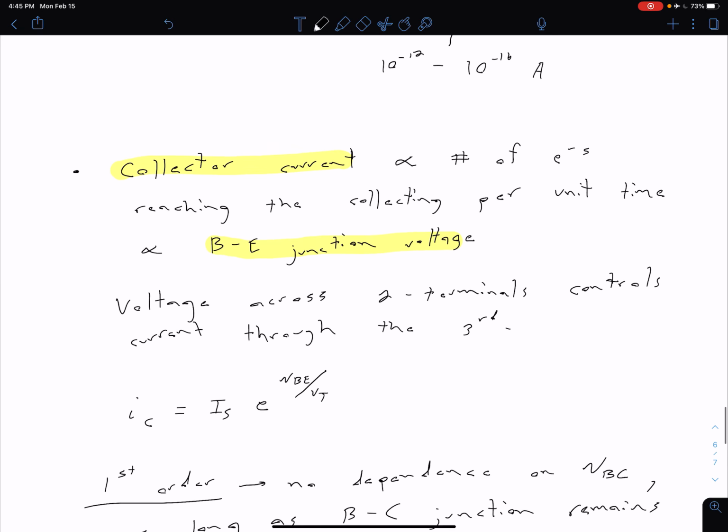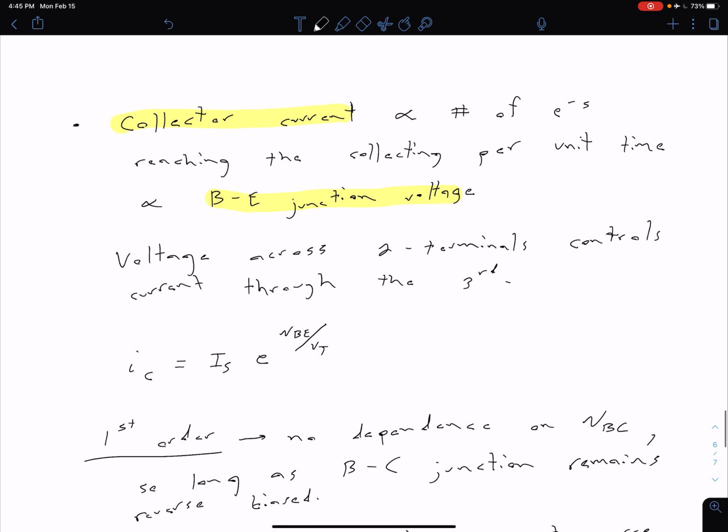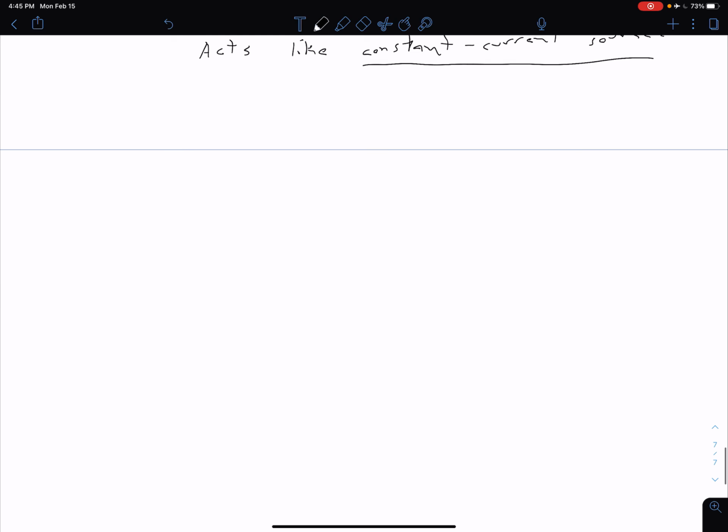So we've considered our emitter current and our collector current, so now let's briefly consider our base current. Remember we said it had two components. We had a component IB1 due to holes being injected into our emitter from the base, and we had a second component, IB2, which was due to recombination of holes and electrons.